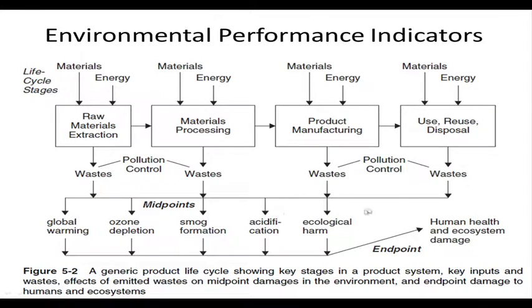Then you have the impact coming from each one, called midpoint, and then an endpoint, which is human health and ecosystem damage. This whole thing is nothing but the step-by-step methodology for life cycle analysis that we talked about. So these are the different life cycle stages.